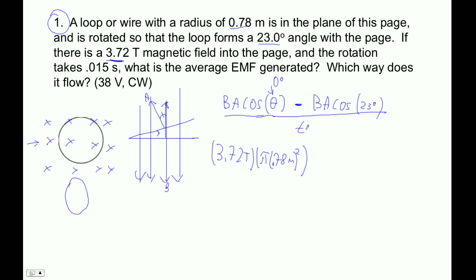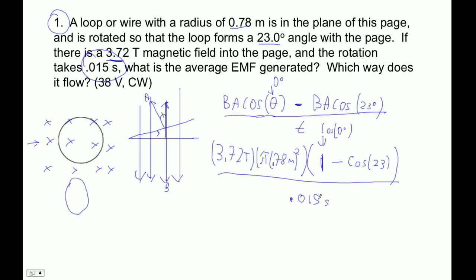Then what I'm going to do is factor out the BA, and the cos of 0 is 1, so that's 1 minus cos of 23, and then I'm going to divide that by the time it took. How much time? 0.015 seconds.